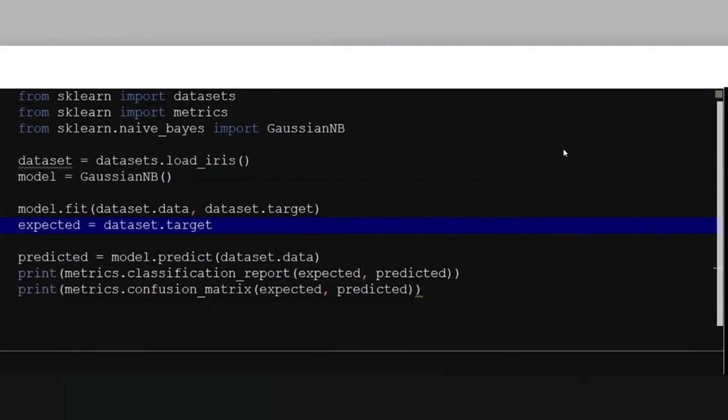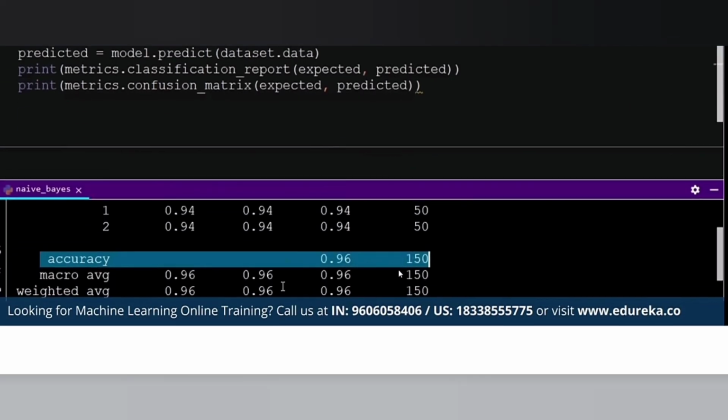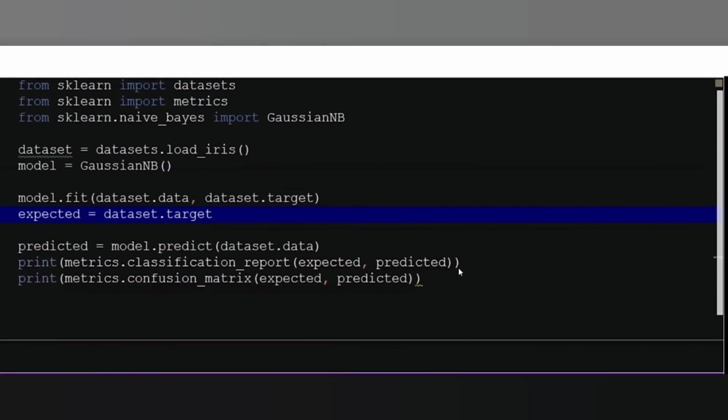We have to install sklearn and metrics, from sklearn import GaussianNB, and from that, dataset load, then GaussianNB, and then model fit. Here, expected dataset, then predicted model, then metrics classification, then metrics confusion matrix with expected and predicted. So accuracy is 0.96.